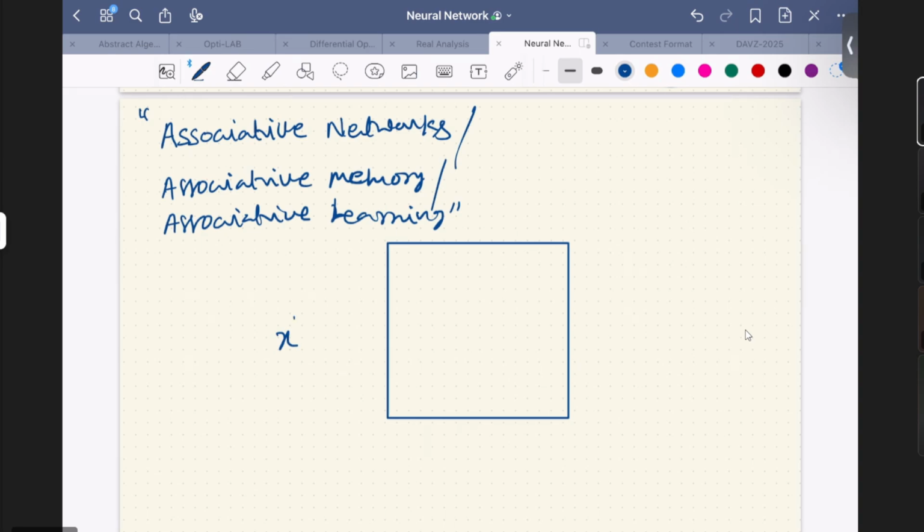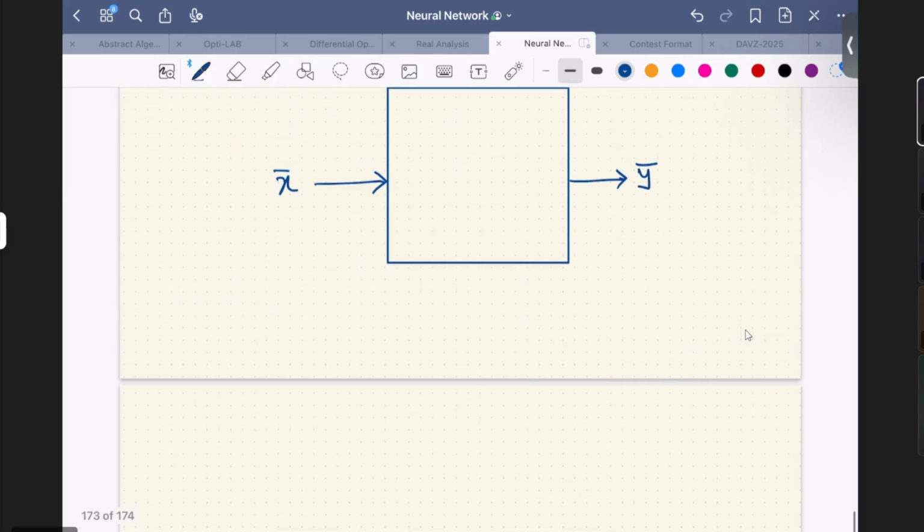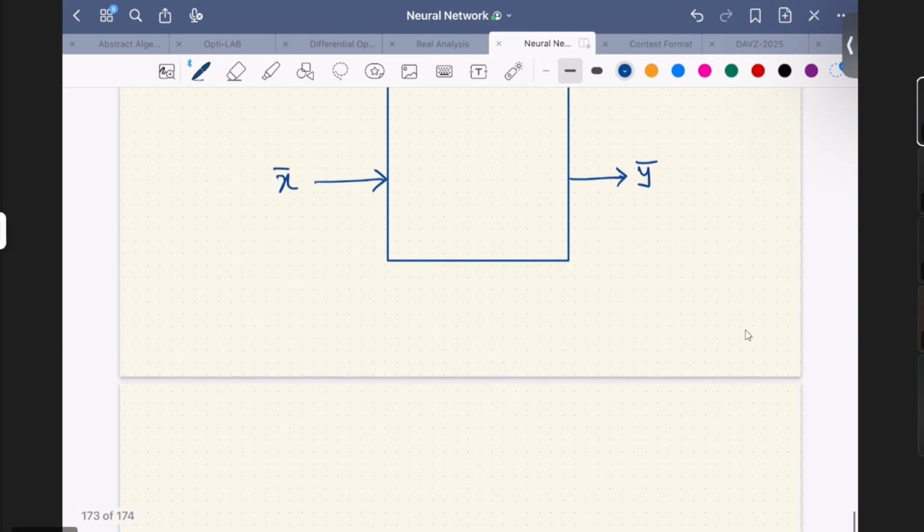Let's say a vector x bar maps to y bar. So x bar's answer is y bar usually. If you have such vectors, let's say x1, x2, and so on up to xm.